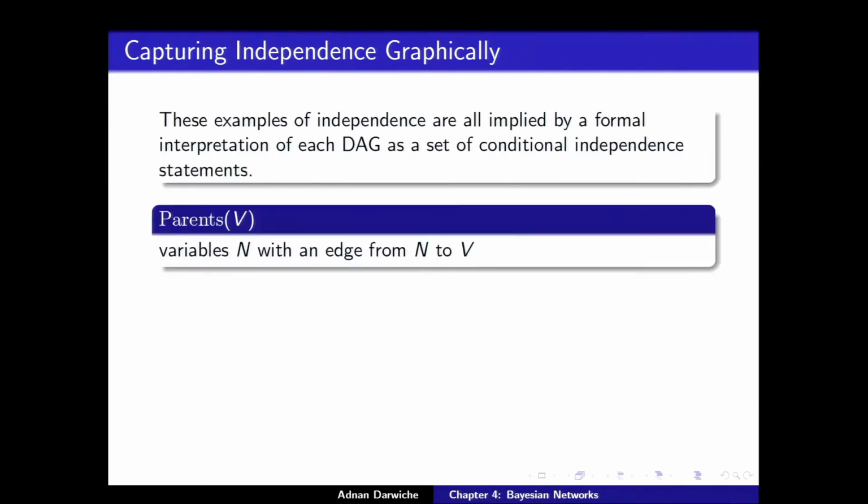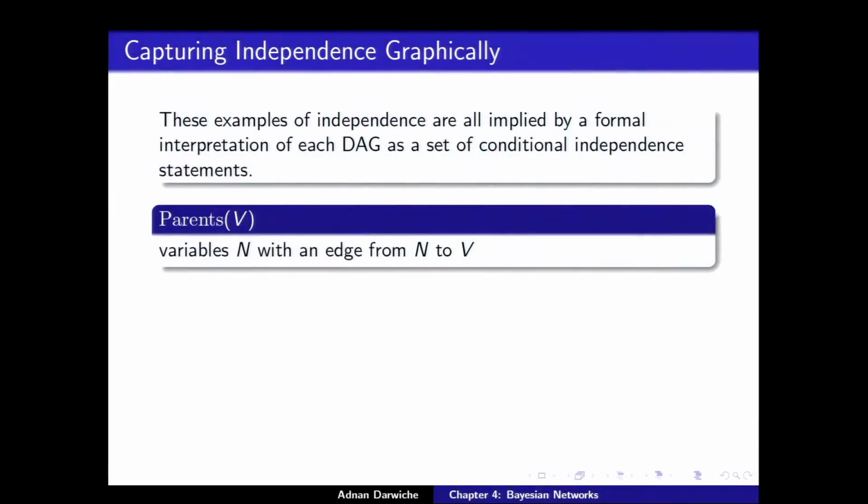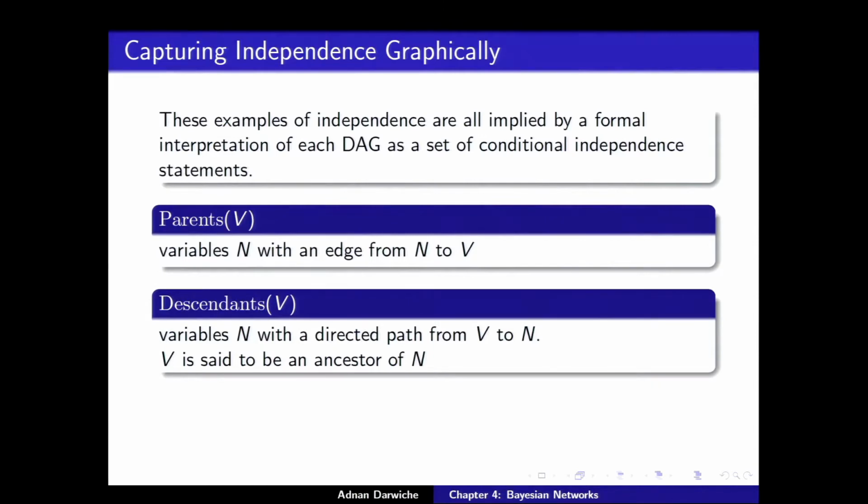To be able to state the general set of independence assumptions that are implied by a DAG, we need to make sure that we're clear on the following notation. The parents of a node are just the variables that are pointing to it in the DAG. So here are the parents of V: these are variables N with an edge from N to V. That's the classical definition of a parent. We also need the notion of a descendant.